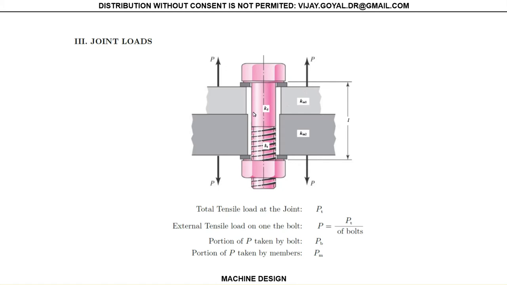I will have a load here. We're going to call that load taken by the bolt PV. And because this is in tension, you can expect this to be in compression, right? So you're going to have a load PM here. The same load on both sides is PM.